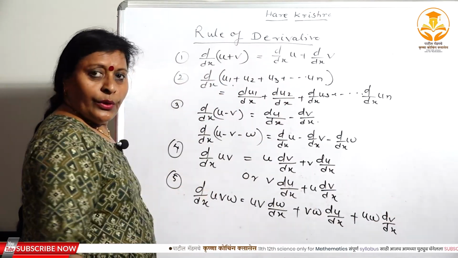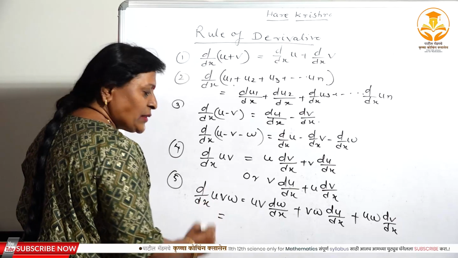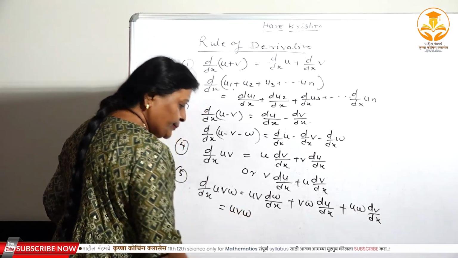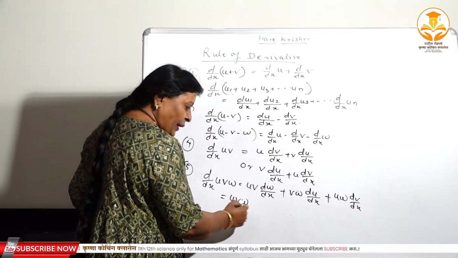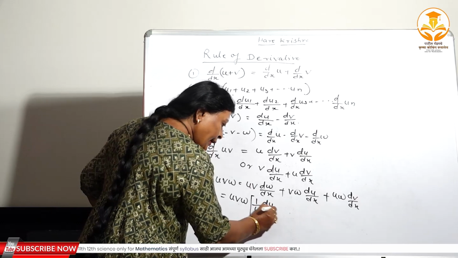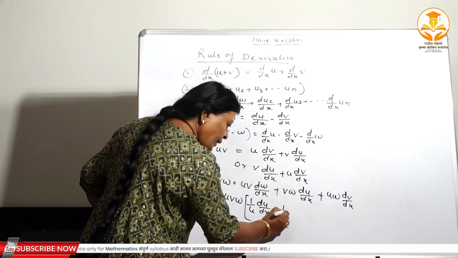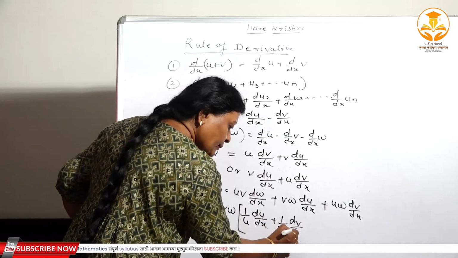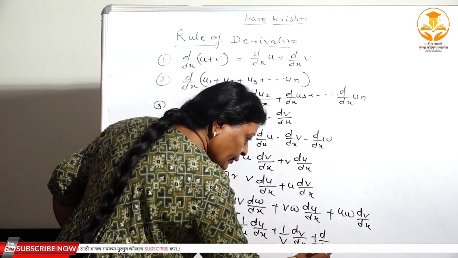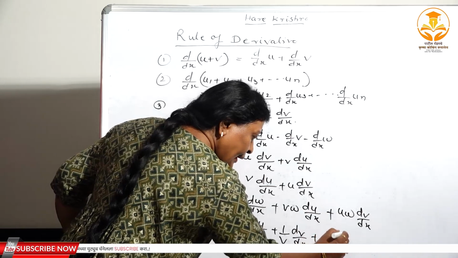Now this rule you can write like this. हा रूल तुम्ही असा पण लिहू शकता. See here, that is u v w, these three functions multiplied. Here you can write 1 upon u du by dx, 1 upon v dv by dx, 1 upon w dw by dx.